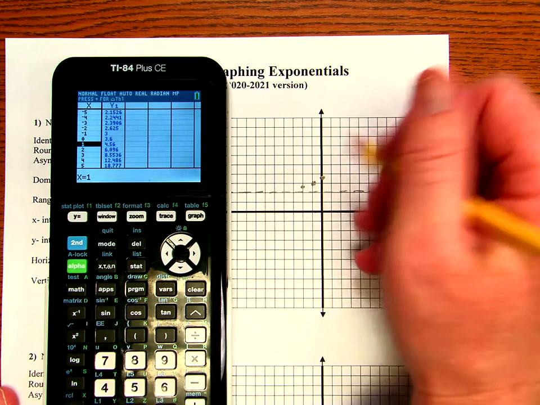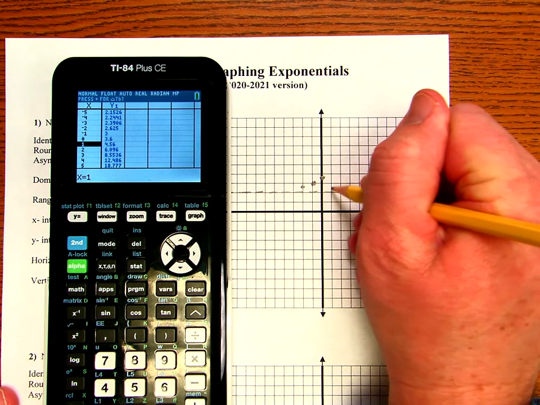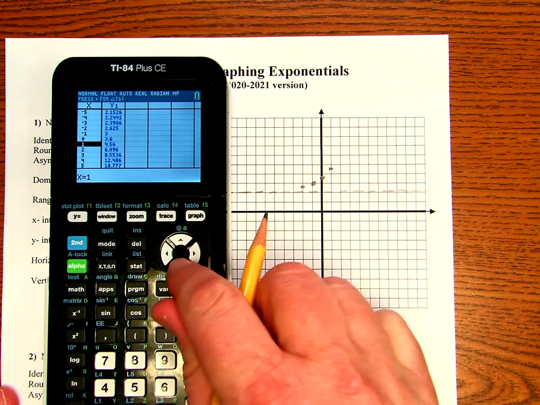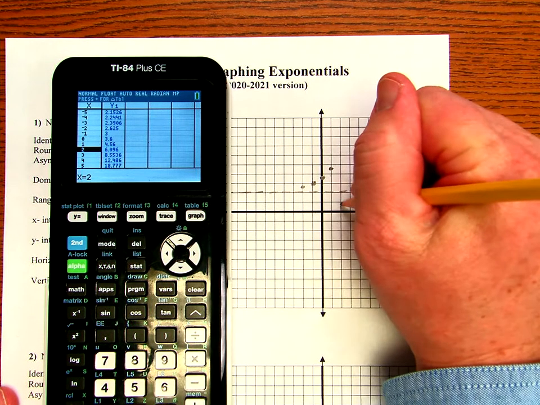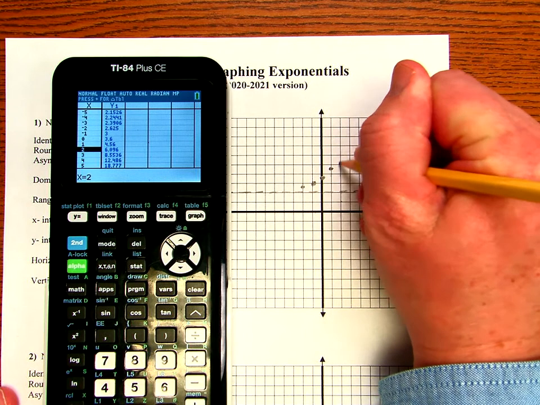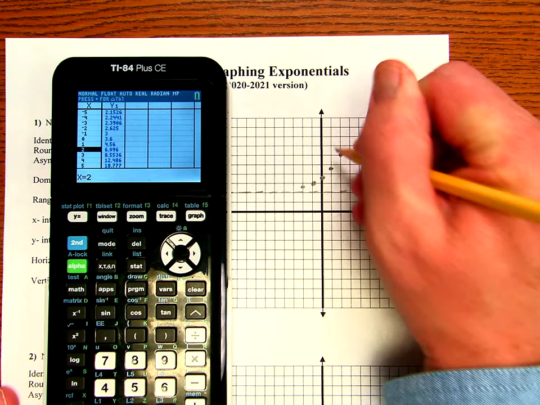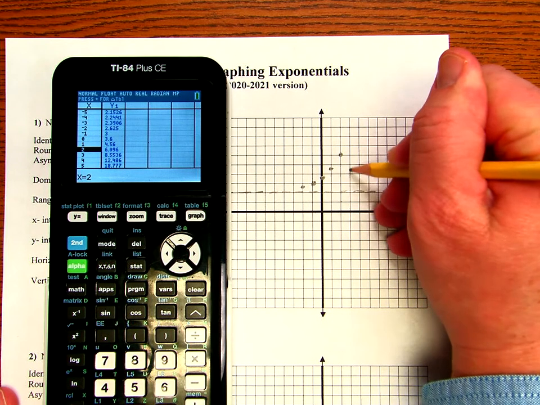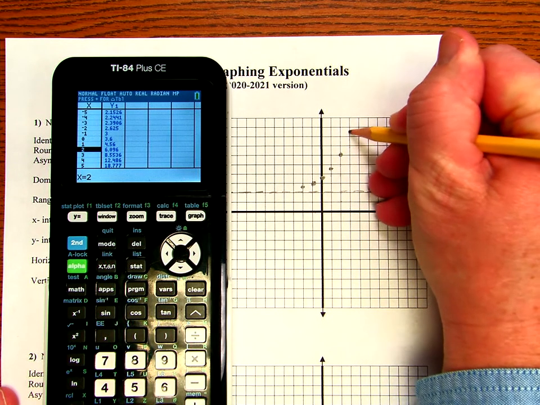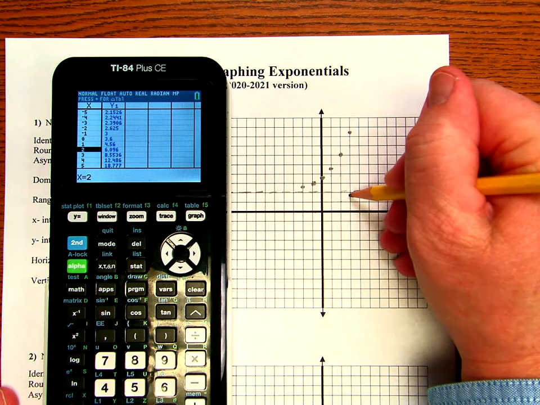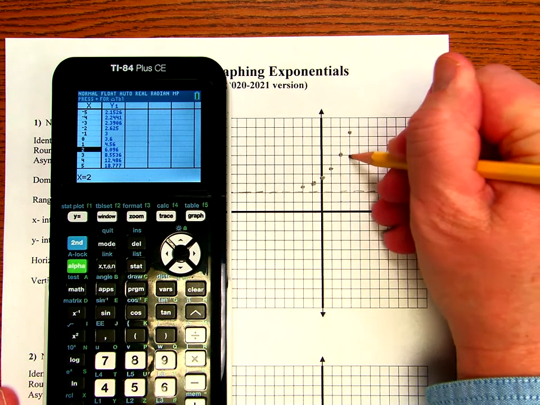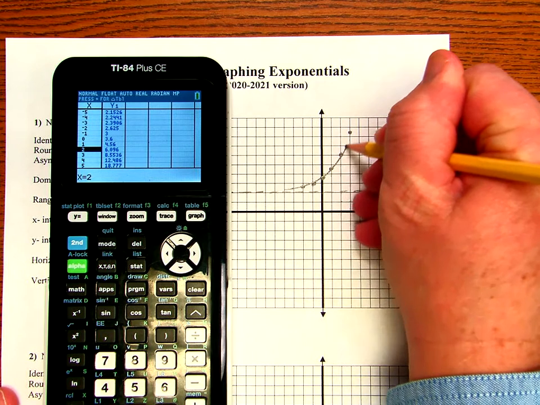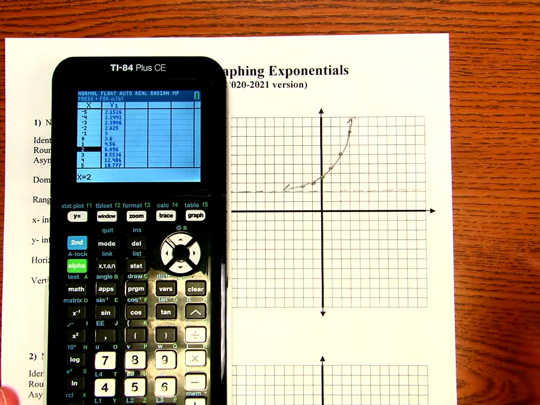So (1, 4.56), that's roughly here. (2, a little bit past 6). And the last one we're going to plot is at 3 and about 8.5. Count that right? 1, 2, 3, 4, 5, 6, 7, 8. So that's more than enough information to get a pretty accurate graph, and it's going to look like that.